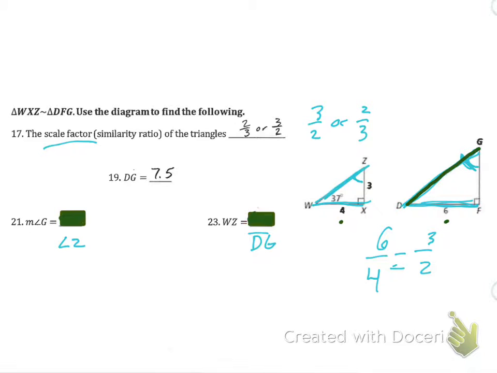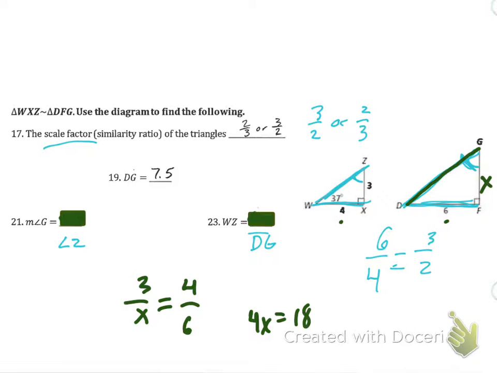Okay, so I'd have to set up a proportion. Let's say we're looking for this, which is equal to x. So that'd be 3 over x is equal to 4 over 6, and then I would solve from there. That would mean 4x is going to be equal to 18. I'm going to divide 18 by 4, which is 4.5.